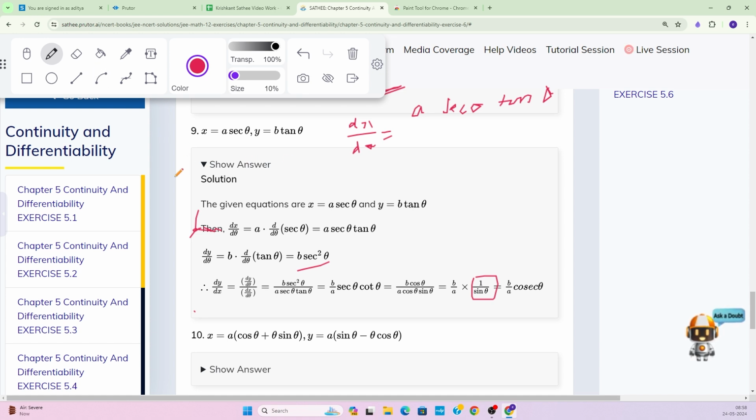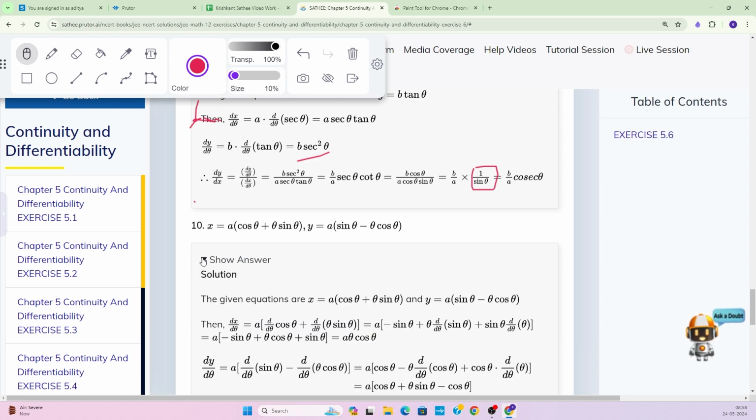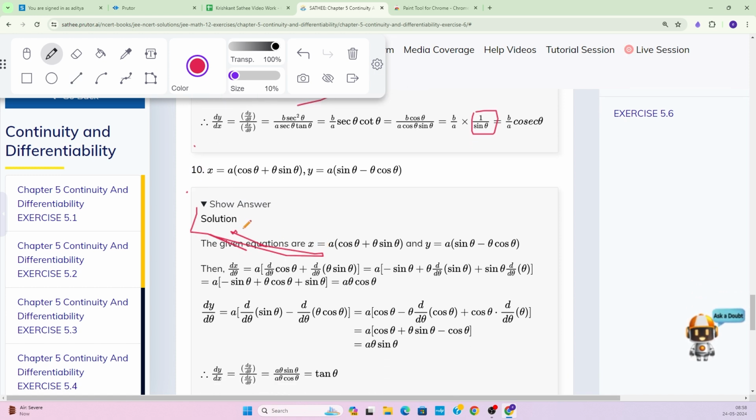Simple. Okay, now let us move to the next problem, problem number 10. Problem 10 says that x is equal to a (cos theta plus theta sin theta), y is equal to a (sin theta minus theta cos theta). So very easy to solve. Let me just show you the solution. So the given equations are these.